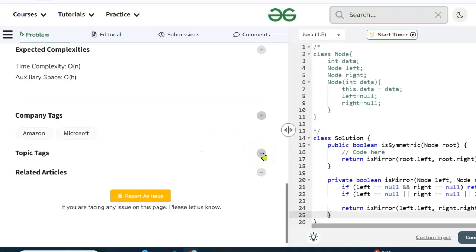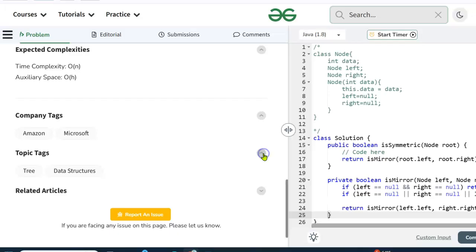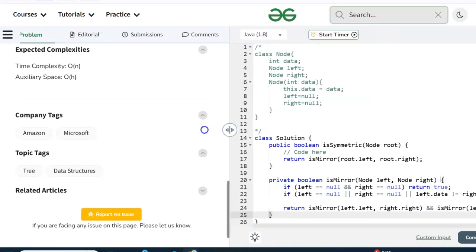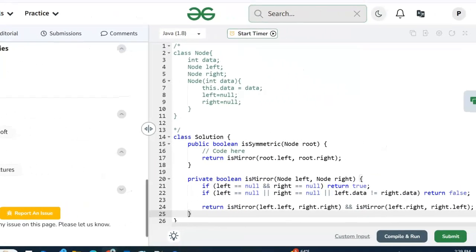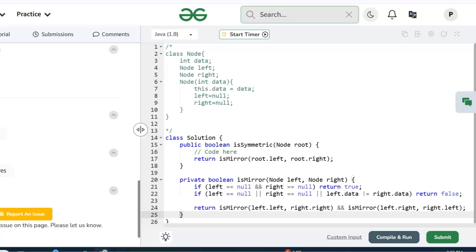Topic tags, tree data structures. I guess I could say recursion, although recursion isn't the only way to do it. But for tree problems, that probably should be the first thing that pops into your mind: is there a recursive way to do this? And in this case, there is.